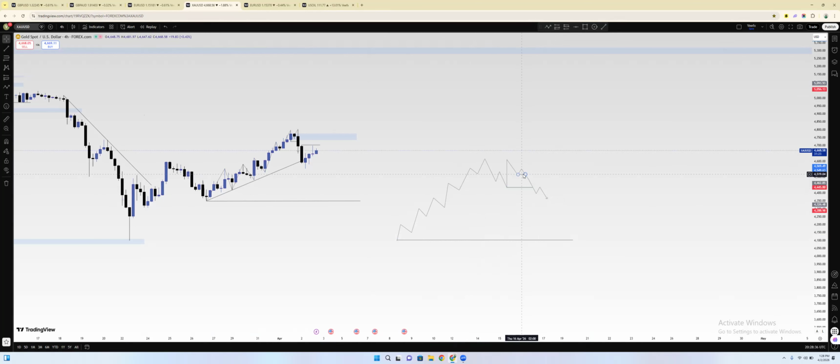So I can now look to join this downtrend. If my POI gave me this entry or this entry, I can now look to enter from here and then continue.